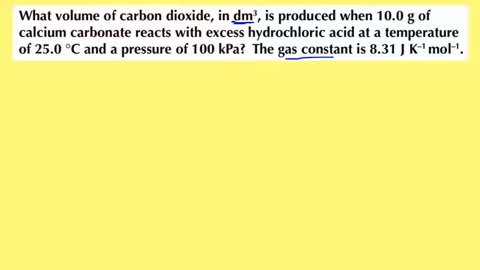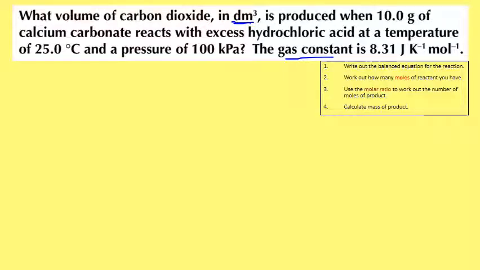Okay, so let's go through our steps. Let's remind ourselves what they are first. There's our 4 steps, and we're going to adjust this because we're going to calculate volume of product and not gas. Going through the steps, first step, balanced equation. The volume of carbon dioxide is produced, so that's a product. So let's write carbon dioxide on the right hand side because that's a product.